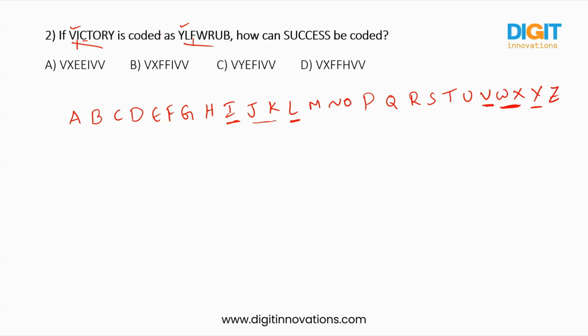Next, let us see, C is coded as F. Are there two letters between them or not? Let us check. C is coded as F. Yes, there are two letters in between them. So this is the pattern. Let us check for all the others. T, W: two letters are there. O, R: two letters are there.